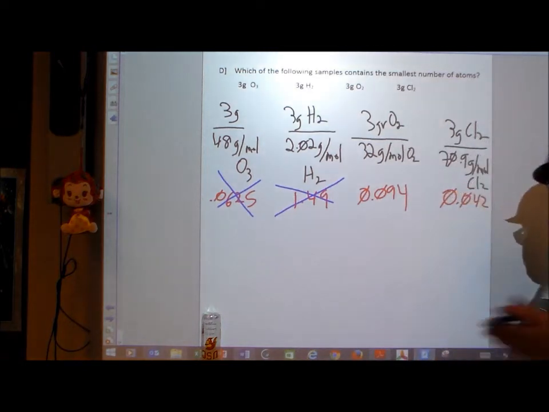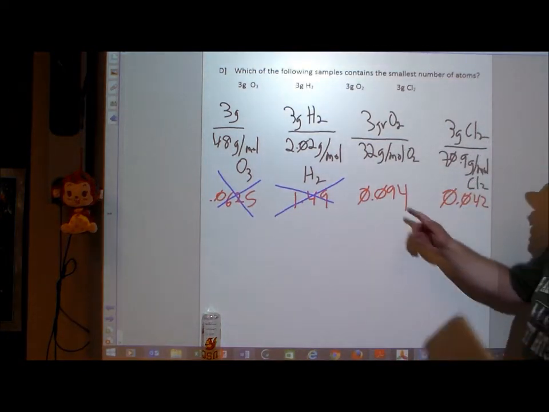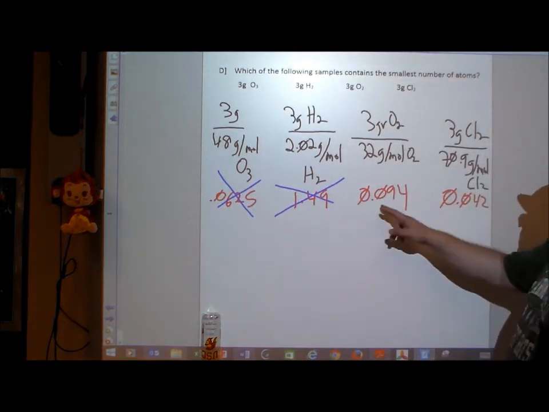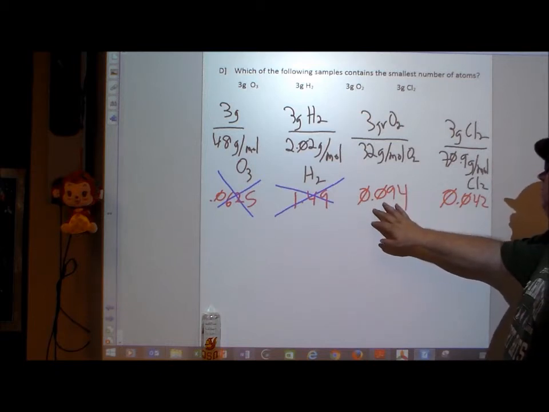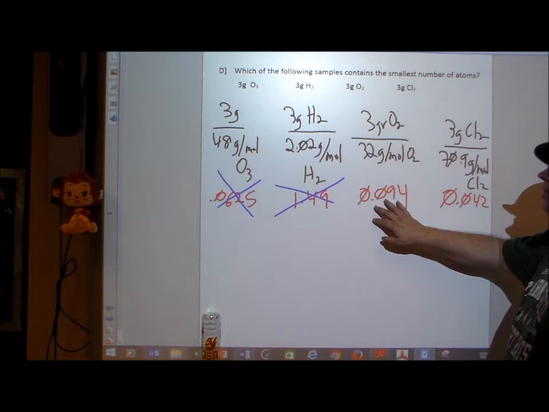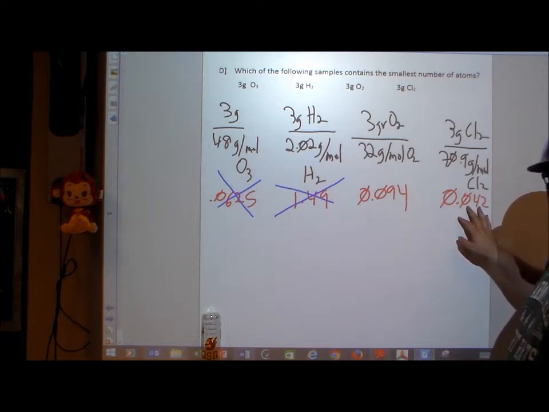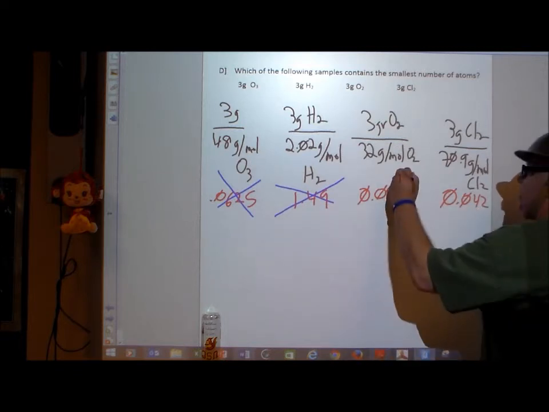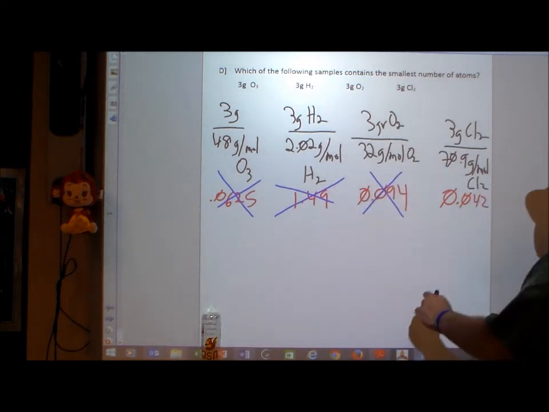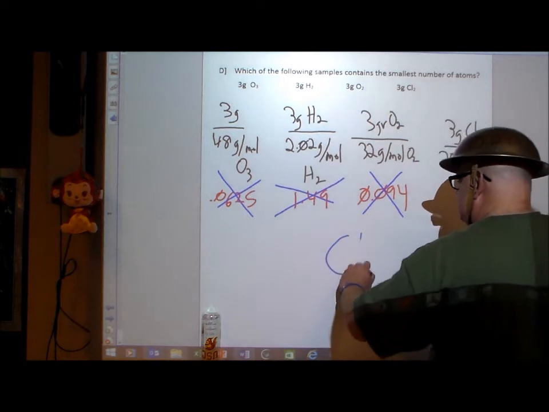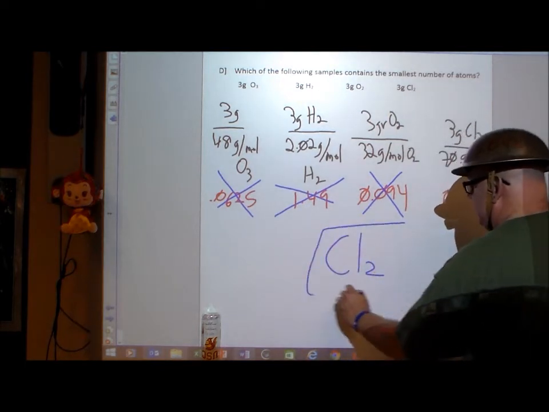So we can eliminate that, which is part of the process, which now leads us to here and here. Now, if you notice, this one is clearly more than twice whatever this is. So this one has to be eliminated. So then you are left with this as the final answer. So our final answer, ladies and gentlemen, is Cl2.